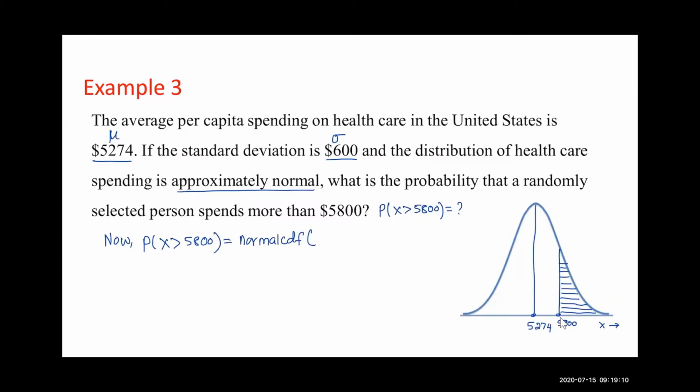The lower limit is 5,800. Then we write the upper limit. This goes all the way up to infinity. We write infinity as E99, positive infinity. Then we write the mean, which is 5,274. And then we write the standard deviation, which is 600. Now, we need to type this in our calculator and get the result.